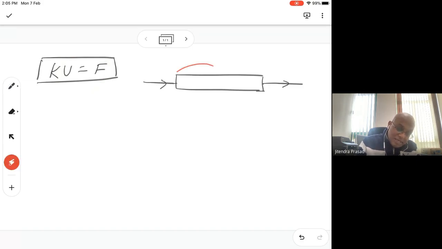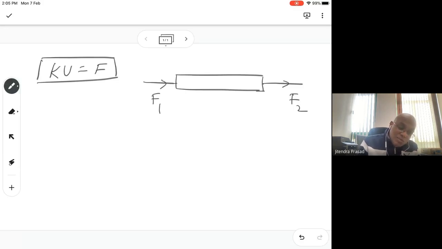So this is a bar, and at both ends we have F1 here and F2 there. See the direction of these two forces. Okay. Now, how to write that equation?